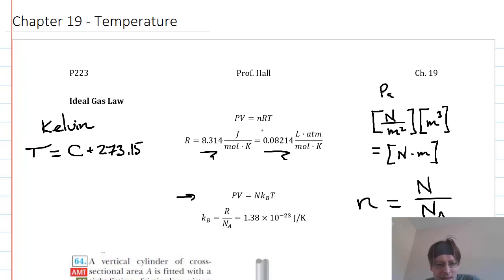So I can just make a substitution and replace the number of moles with the actual number of particles divided by Avogadro's number. And then you'll have the gas constant R divided by Avogadro's number. We call that Boltzmann's constant.